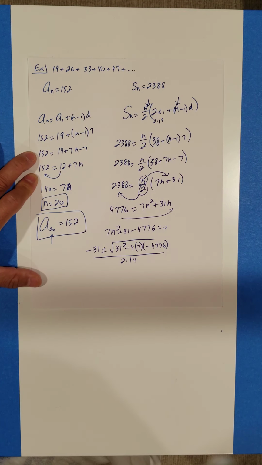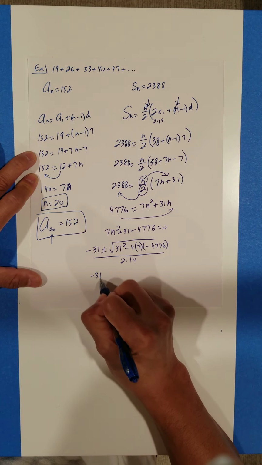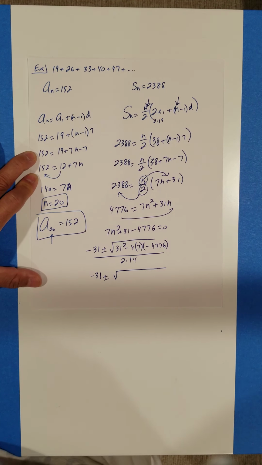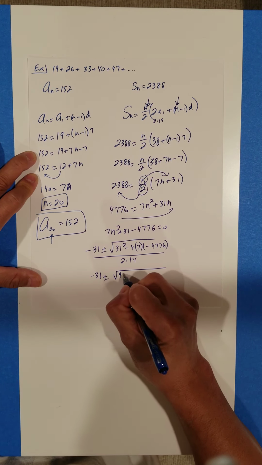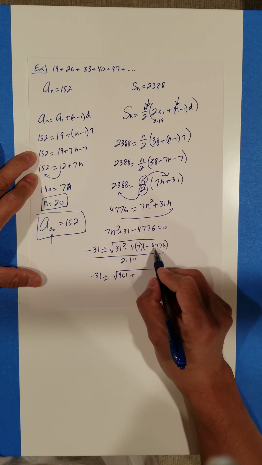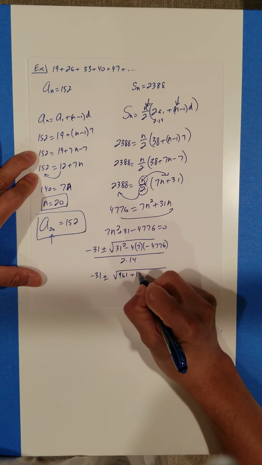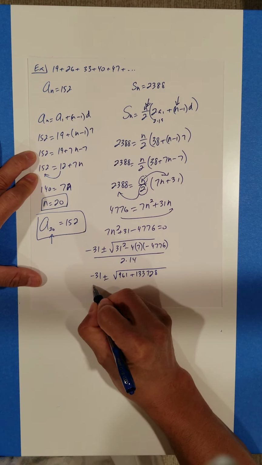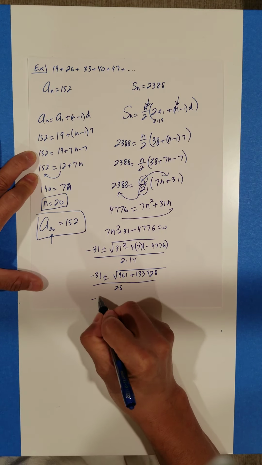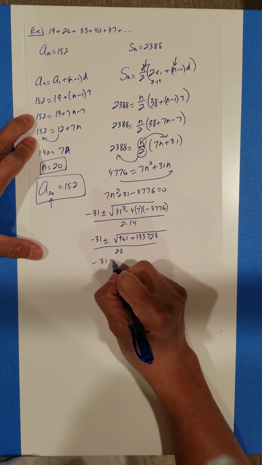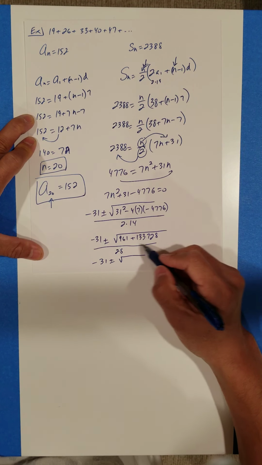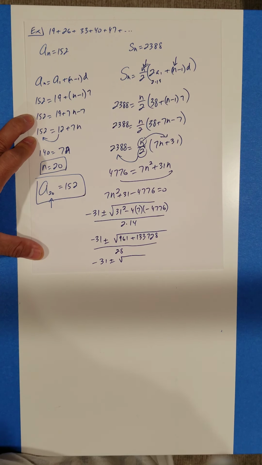Let's see what we have here. We have negative 31 plus or minus the square root of 31 squared, which is 961, plus, negative and negative, so positive 133,728, all over 28. Now these, when you add them, should be a nice, beautiful number.